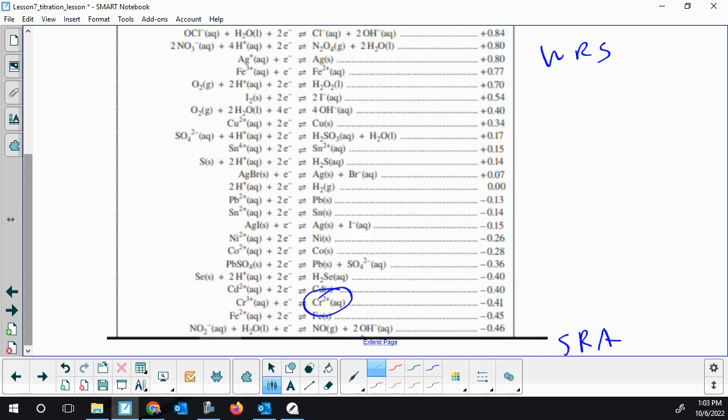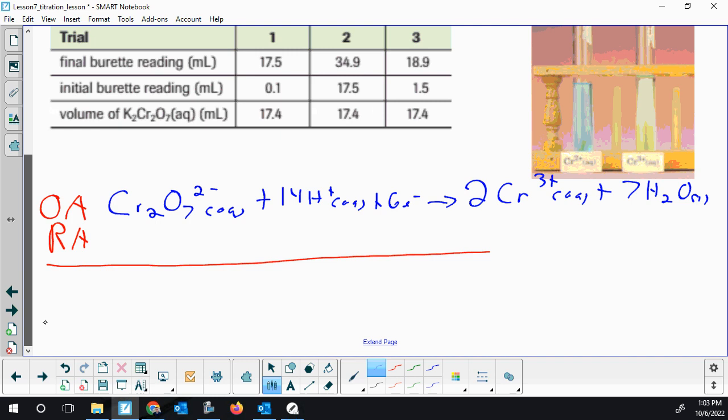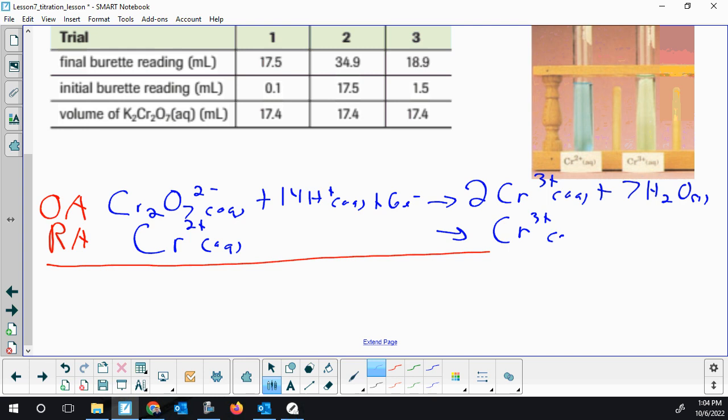So chromium 2 going backwards makes chromium 3 and an electron. I'm going to stick in 1 electron for emphasis.